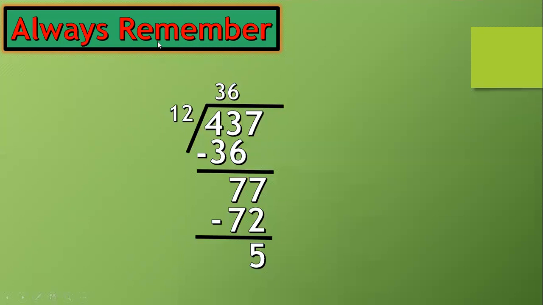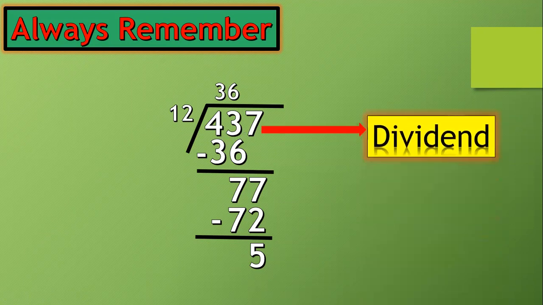Always remember, in division, each term has a specific name, like 437 is the number to be divided. So it is our dividend. We want to divide it, so it is our dividend.